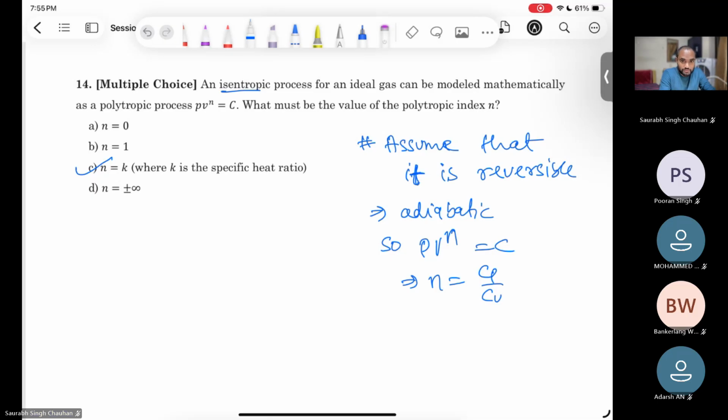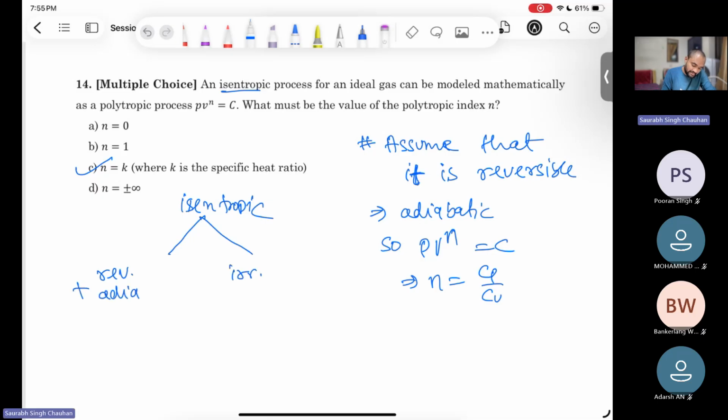So there are two cases only, as we discussed, for an isentropic process. One is reversible adiabatic, another is irreversible non-adiabatic. So if we go to this case, then option C is correct.